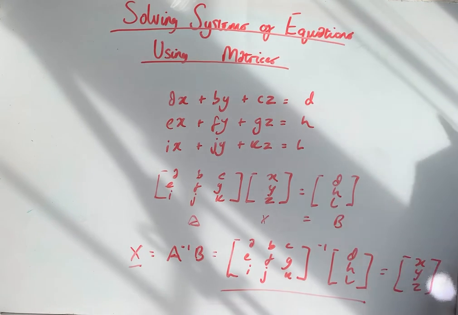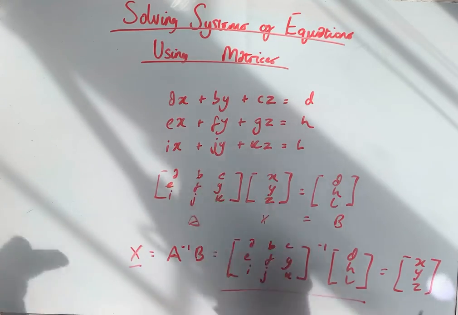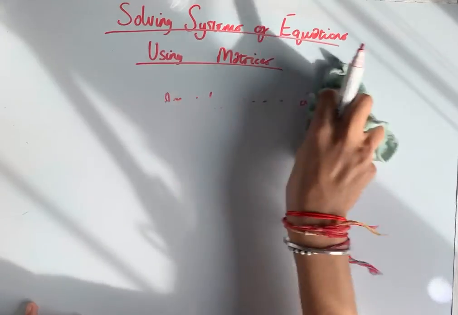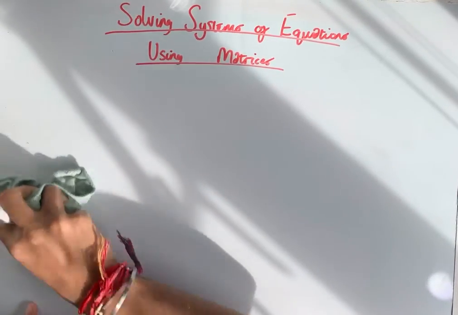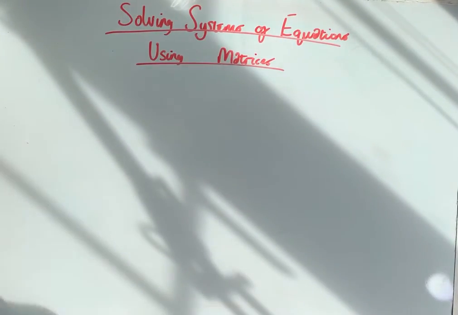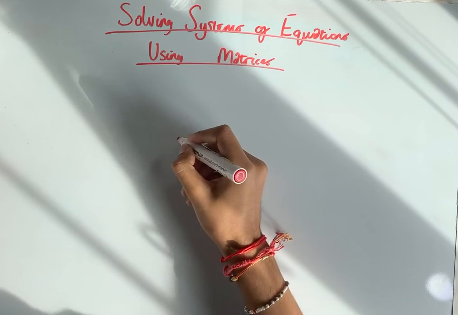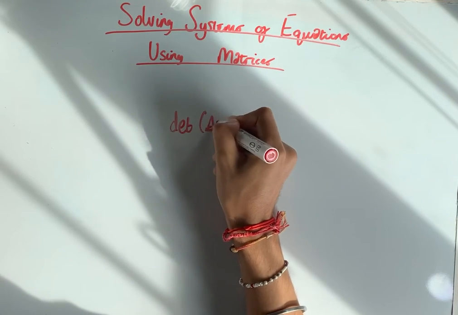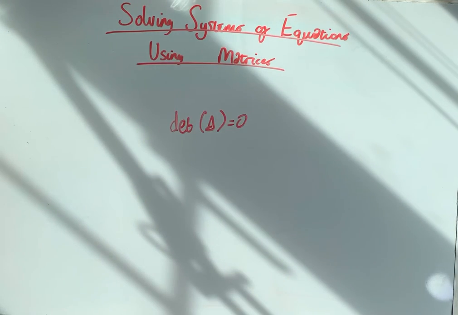Now, this will only work dependent on the determinant. If the matrix A was singular, or determinant of A equals 0, then a solution doesn't exist. This could be for a variety of reasons.